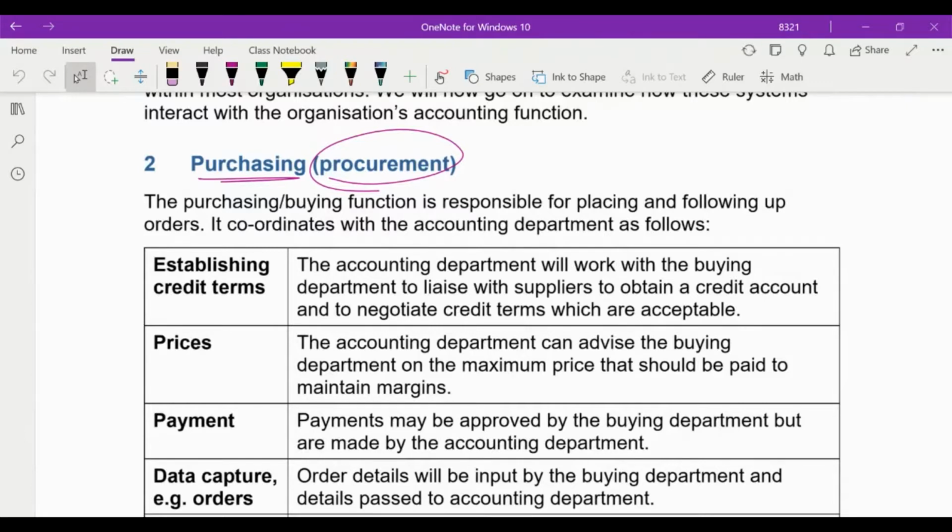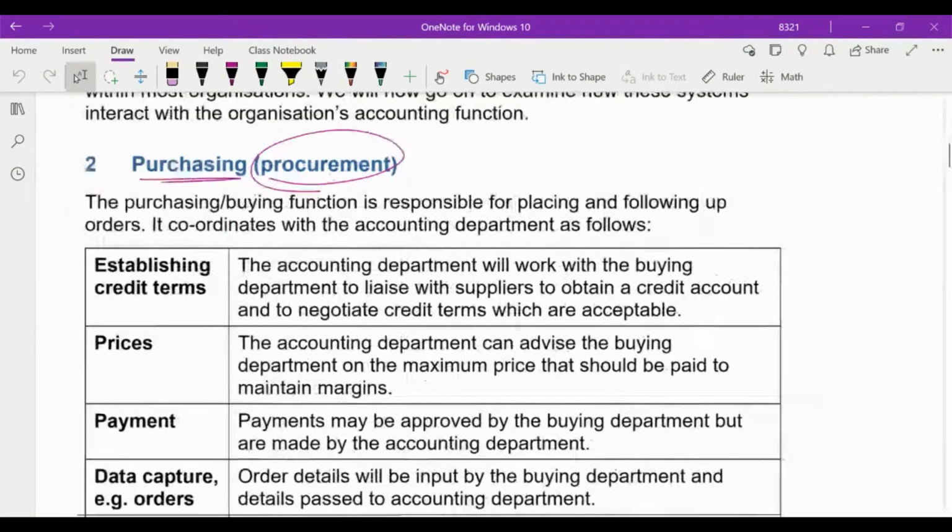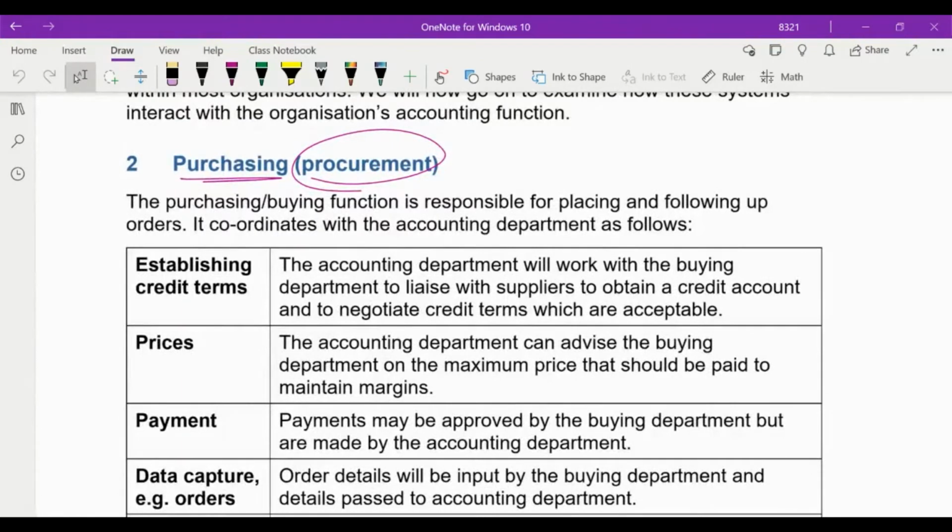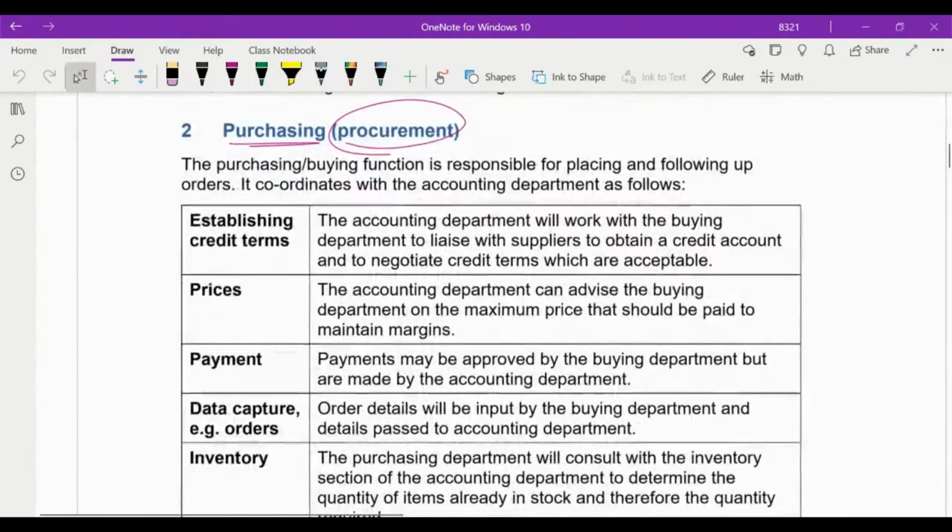So we can't just shoot purchase orders without checking whether we have what is required already in our inventory, in our stores, right? But now we have to also understand what is the involvement of accounting in the activity and the function of procurement.